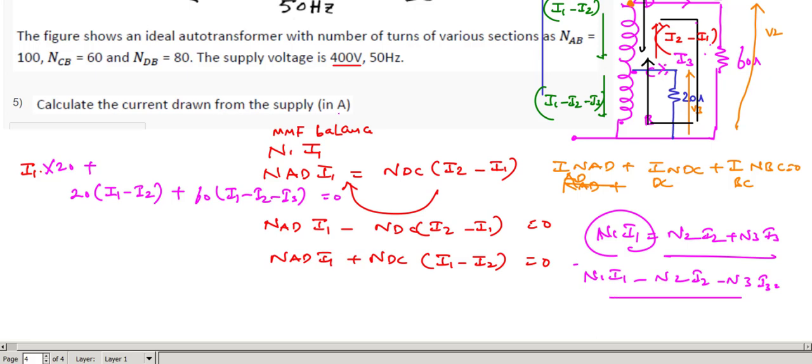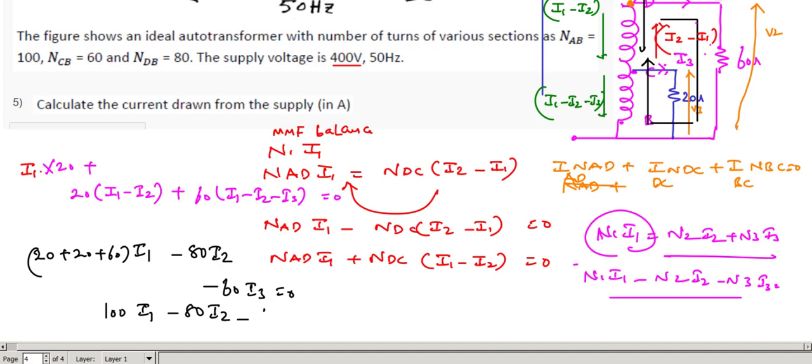Similar here. Okay, so I write this as 20 plus 60 into I1 minus 80 I2 minus 60 I3 equal to 0. 60 plus 20 is 80, plus 20 is 100 I1 minus 80 I2 minus 60 I3 equal to 0.